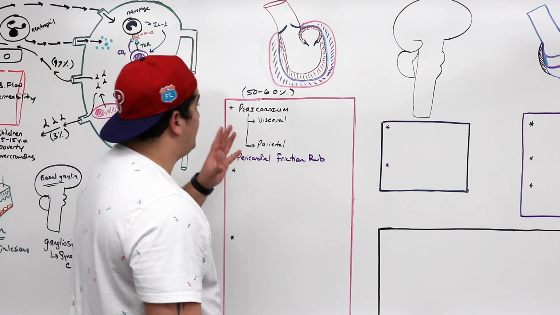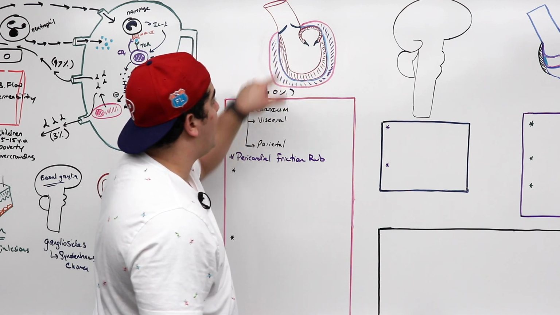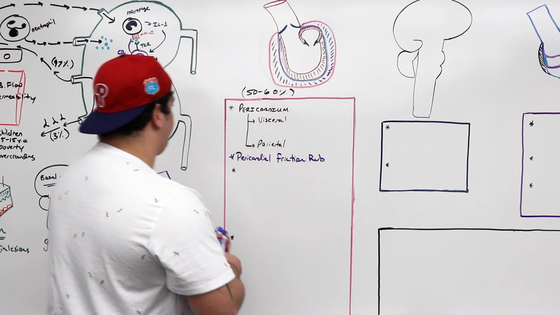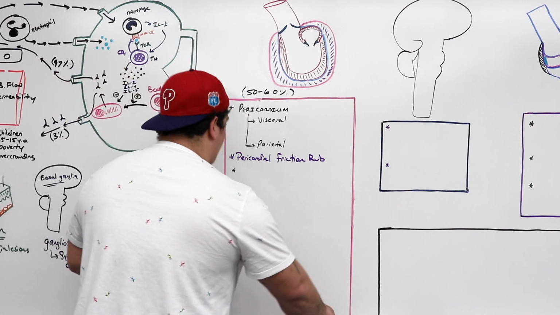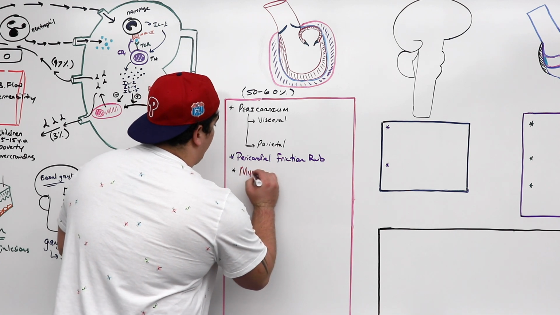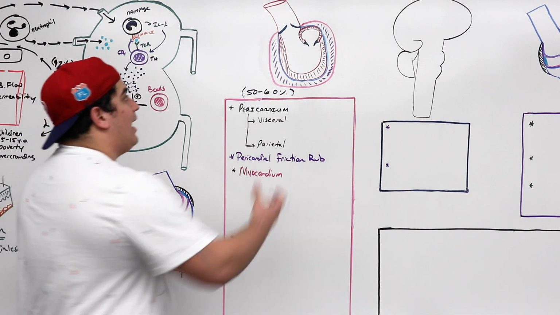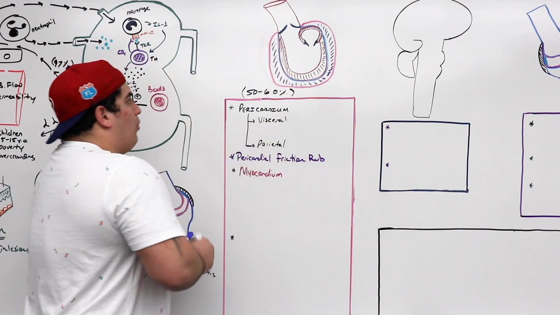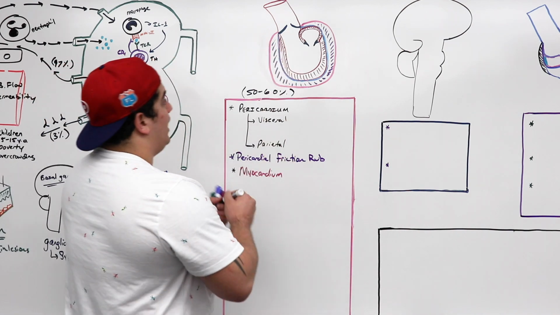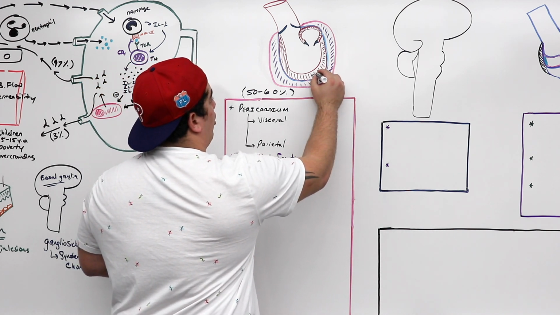The next and the most serious one is the next layer here. This muscle layer, that cardiac muscle tissue called the myocardium. So the myocardium is really important, and the reason why is it is the pump of the heart. It's responsible for contracting and ejecting blood out of the heart. What happens is those antibodies, again, can start damaging the tissue of the myocardium.